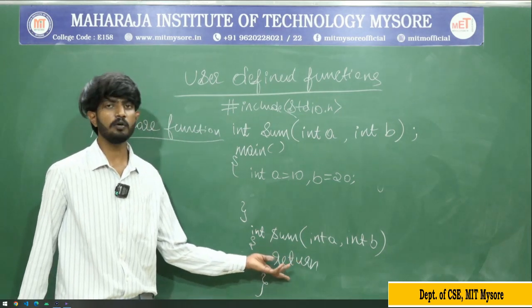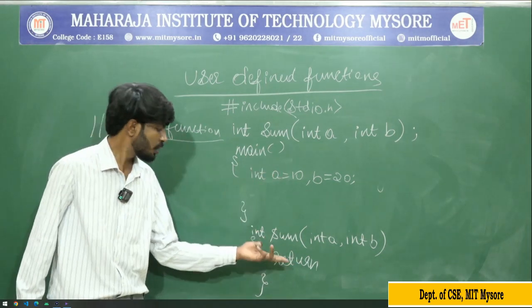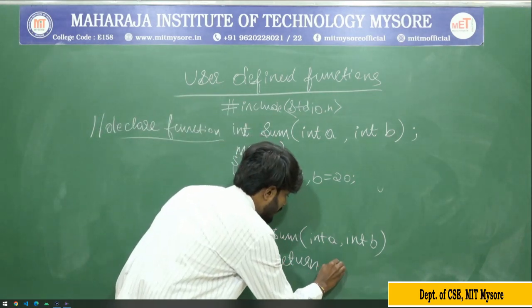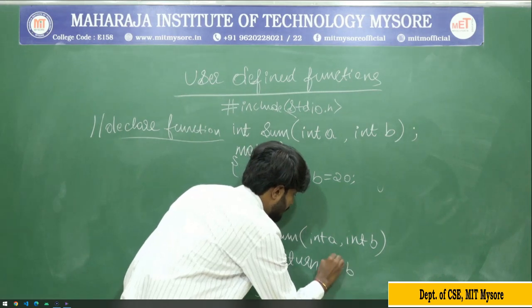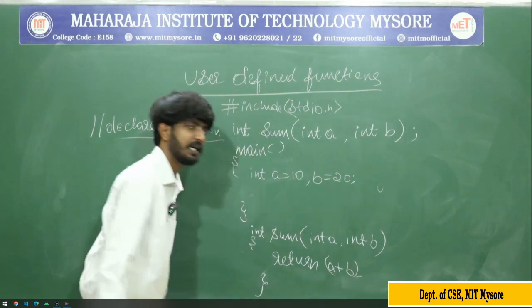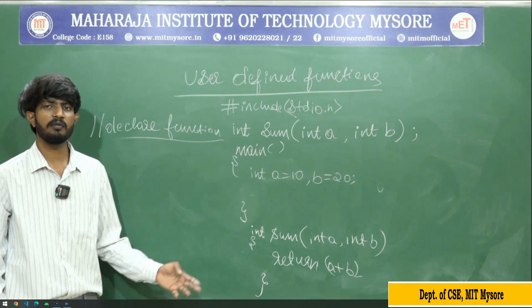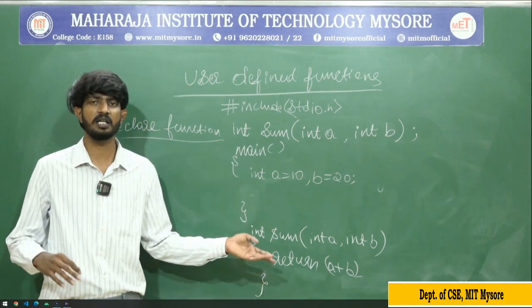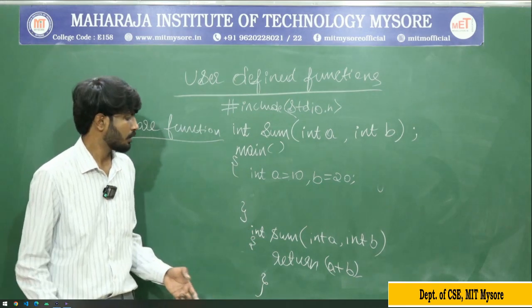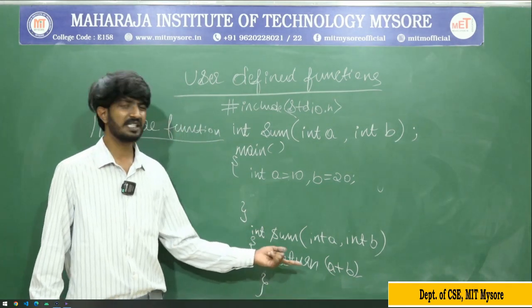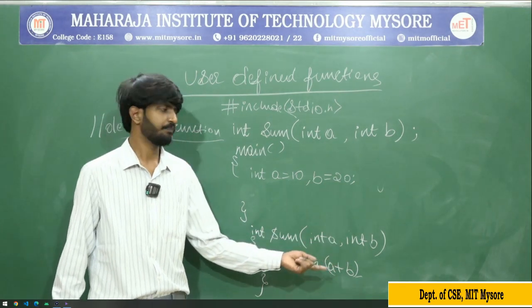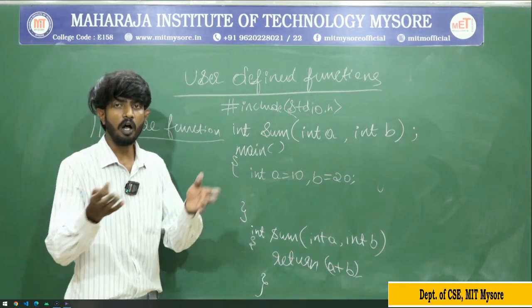If you need to return the data to the main function, you need to write return a plus b. I can have one variable, res is equal to a plus b, then return res. But no need of that, we can have a single line of code: return a plus b. So now I need to call this function.